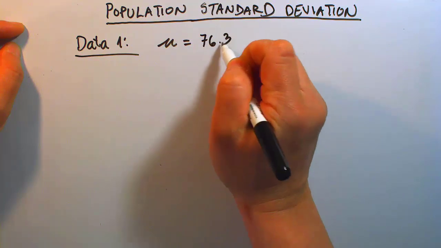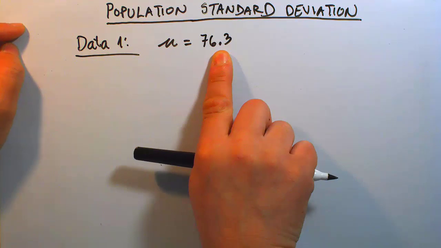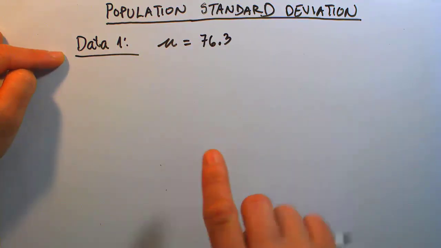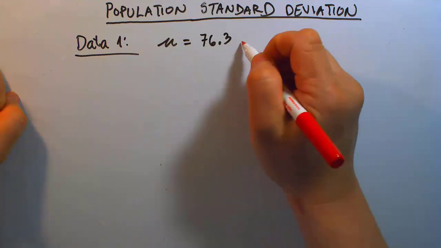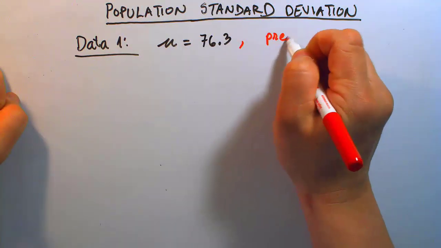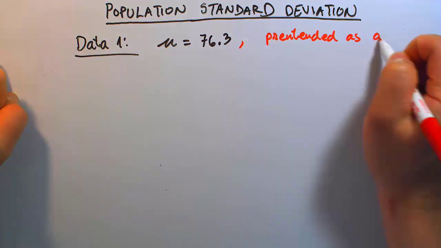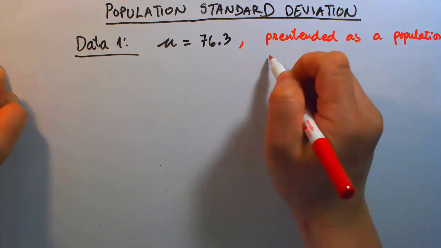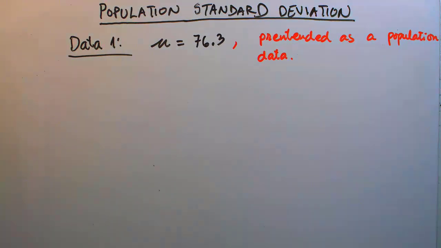We actually calculated the mean value for data 1 long ago, but here we're pretending that data 1 is population data, even though it's not that realistic because data 1 is quite small.